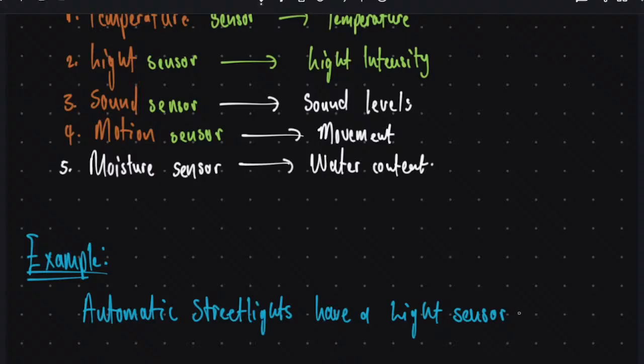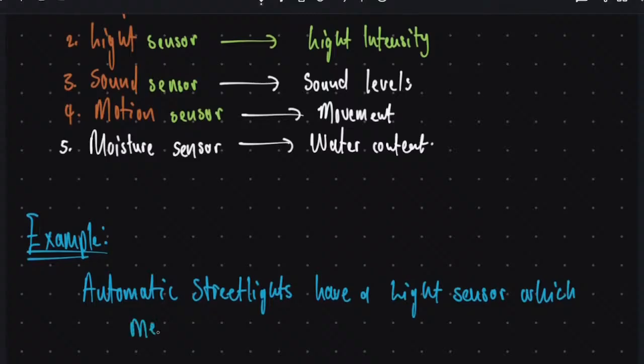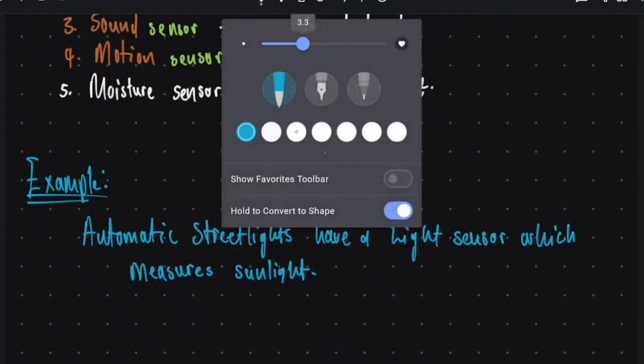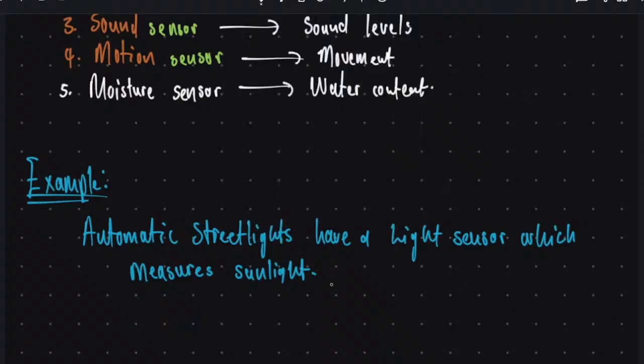It measures sunlight, so they know when it's dark and when it's not. It measures sunlight and sends data to the microprocessor.